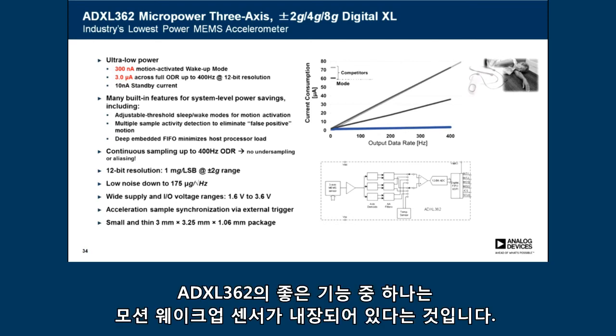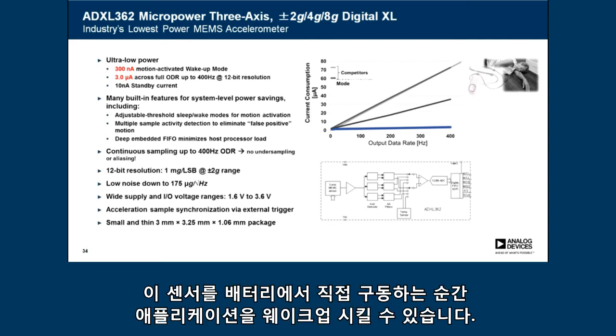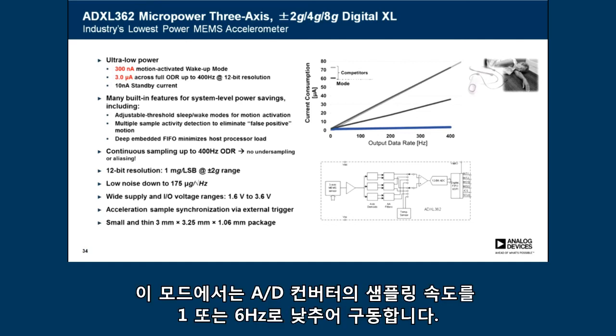A nice feature that the ADXL362 has embedded is a motion wake-up sensor. When you drive this sensor directly from your battery, it can be used to wake up your complete application. In that mode, we drive down the sampling rate of the A to D converter to only 6 Hz.